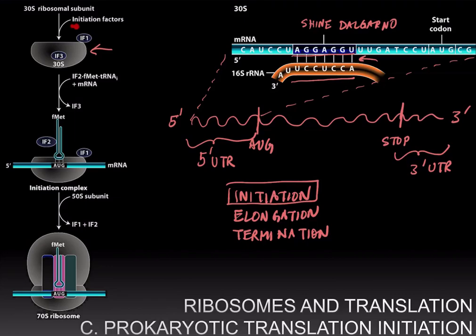You also have a few proteins called initiation factors, IF1, IF2, and IF3, that help in the process of initiating translation. And so first IF1 and IF3 bind the 30S small subunit of the ribosome, and IF2 brings the N-formyl methionine.